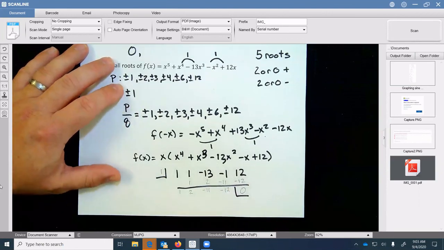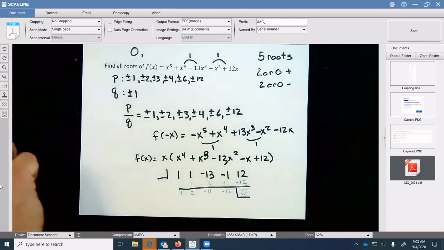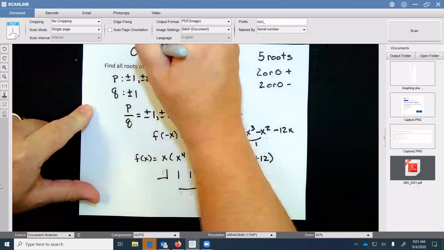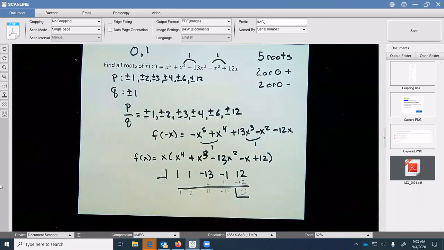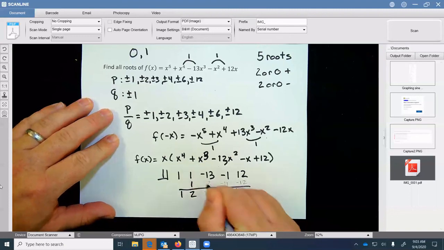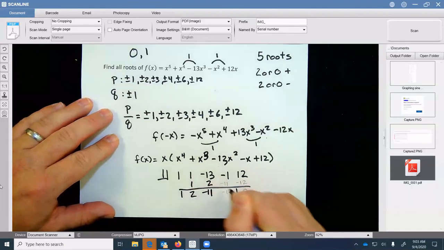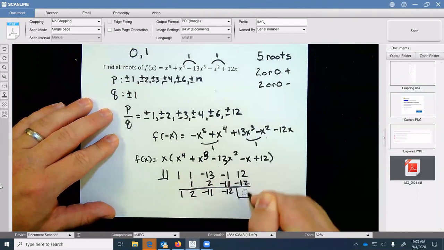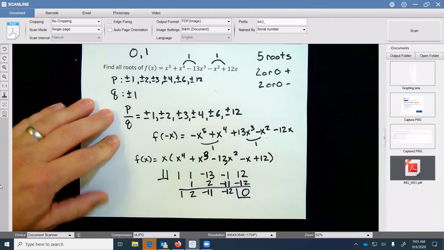Got lucky. So I know that 1 is one of my zeros because it worked. So I'll go ahead just so you can see it and write it over like that.